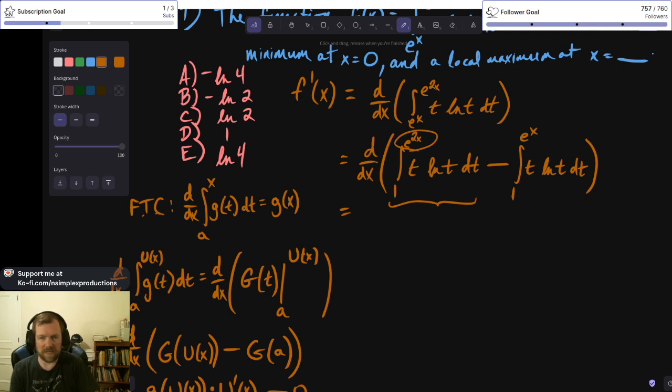So this is going to be just g of our upper limit. So now our t becomes e to the 2x. Our natural log of t becomes the natural log of e to the 2x. And then our dt effectively becomes du dt.